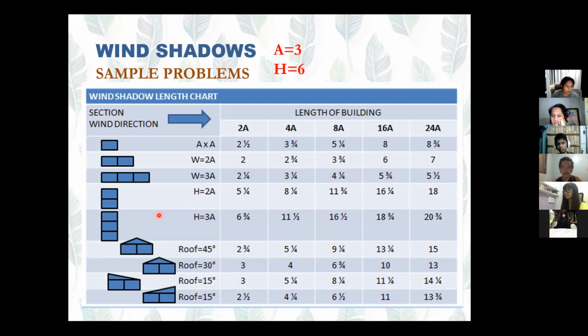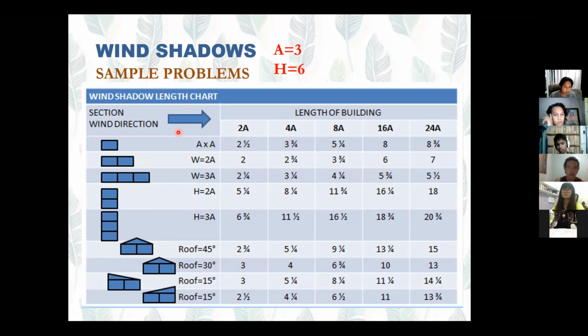May tanong pa, class? Pag slanting, sir, maghanap lang kayo ng nearest na angle. For example, naman dito sa table, roof na 45 degrees, roof na 30 degrees, roof na 15 degrees, pero andito yung wind direction.